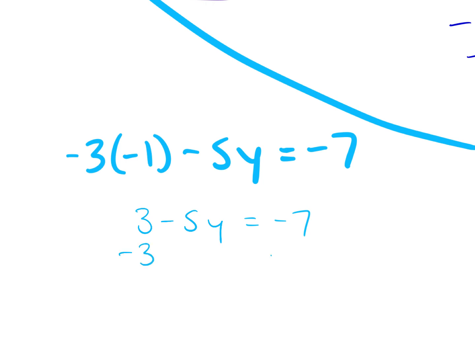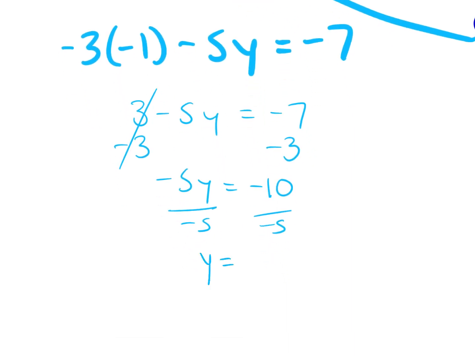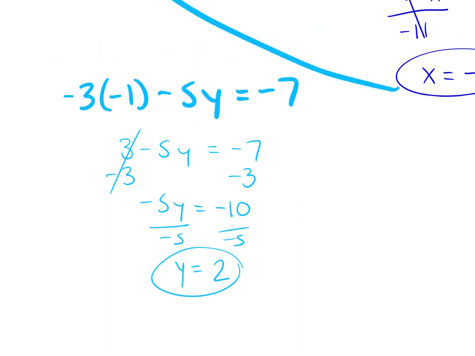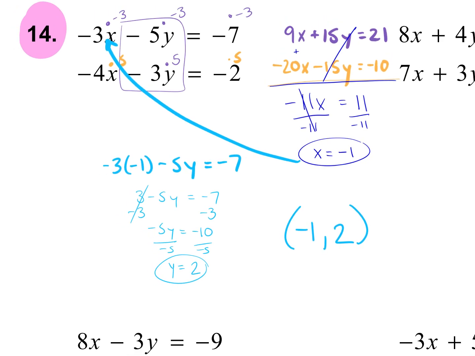Subtract the 3. So -5y is equal to -10. And then what? Divide both sides by -5. So y is equal to? What's -10 divided by -5? 2. Perfect. How would I write my answer? -1, 2. Awesome. We're good with this.